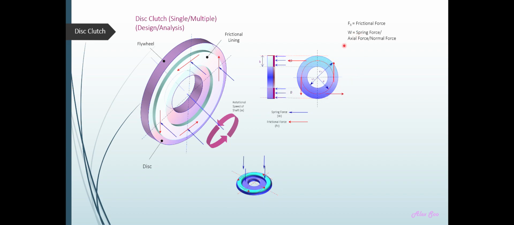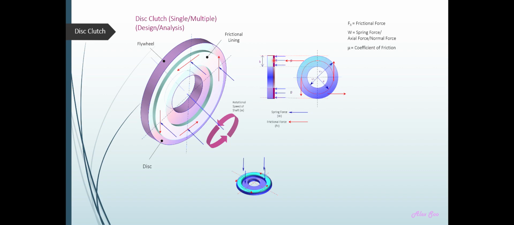So W, these are the W forces, these four blue arrows here, those are the spring force or the axial force, or sometimes you call it normal force, and frictional force is shown as the red arrows here. So mu is actually the coefficient of friction.